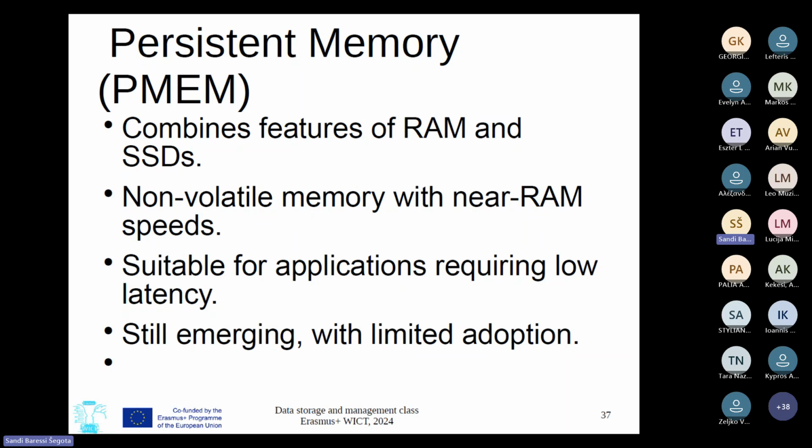It uses essentially RAM architecture, but in a much denser way that enables you to get faster access to information and lower latency. Speed and latency aren't necessarily the same. Latency refers to essentially the time it takes you to get the data.